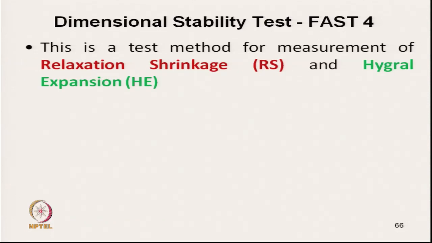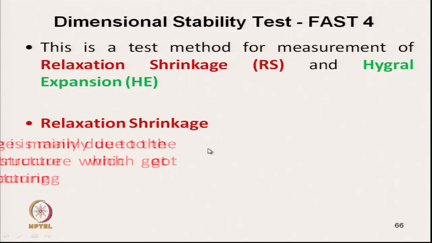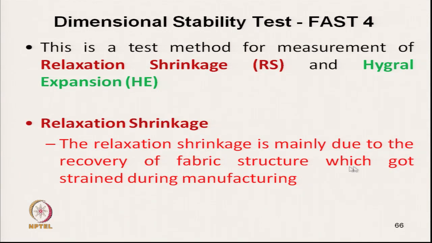And the last method is FAST 4, which measures the relaxation shrinkage and hygral expansion. Here the relaxation shrinkage is mainly due to the recovery of fabric structure which got strained during manufacturing.